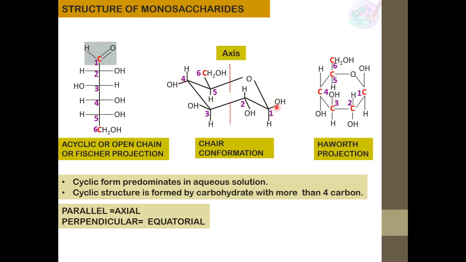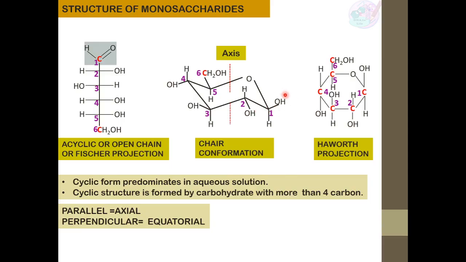The groups that are slightly tilted from this axis, like this OH, OH, this OH, this OH and this CH2OH, are placed at the equatorial position. At the equatorial position, steric hindrance between the groups is lesser, so the equatorial position is more favorable for bulky groups.